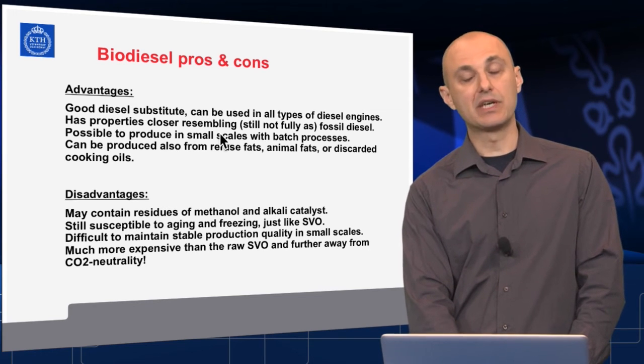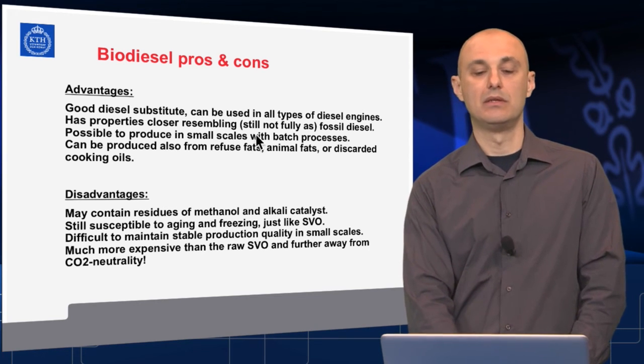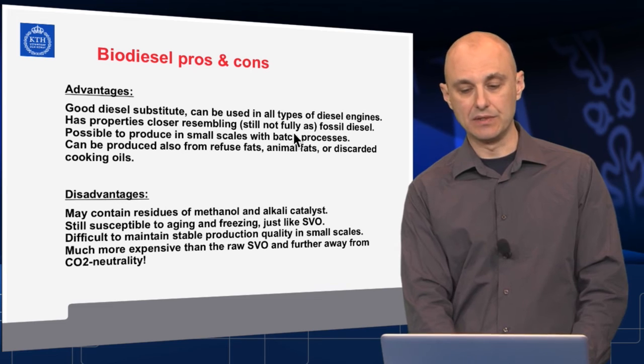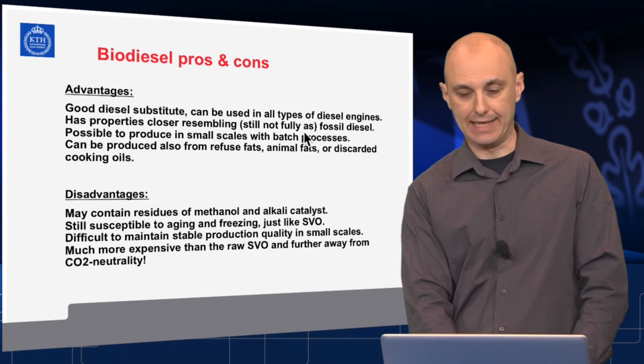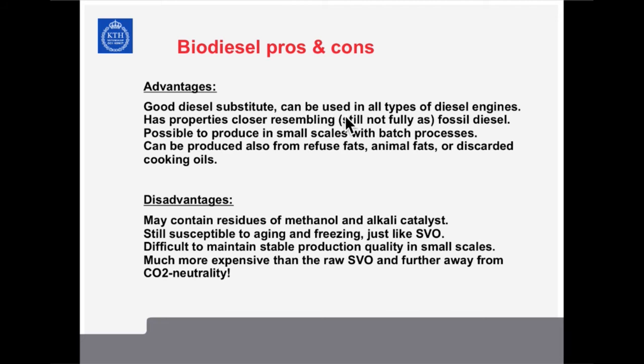The properties very closely resemble fossil diesel, but not exactly. It can be used in most types of diesel engines, but some very old engines may suffer from certain parameters, and these are most of all the remnants from the catalyst and the alcohol in the final product.